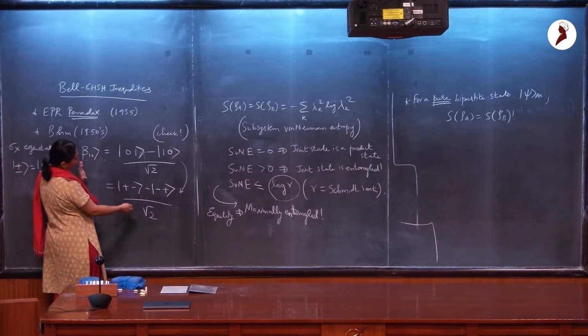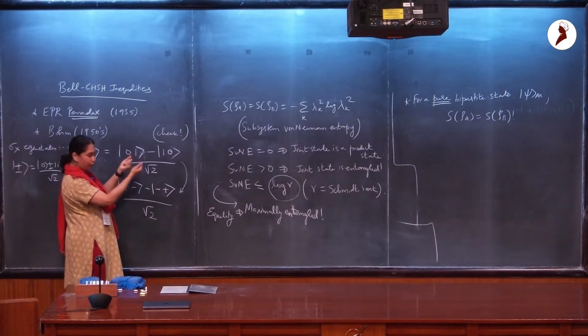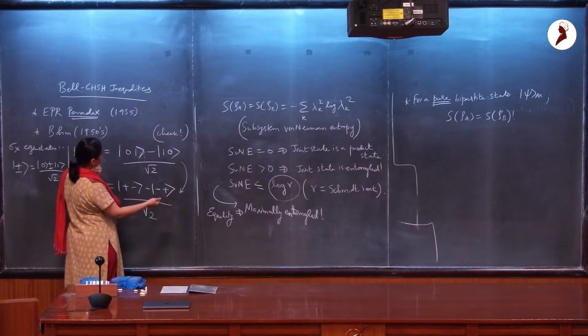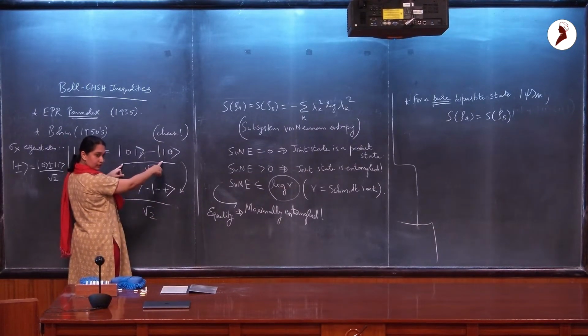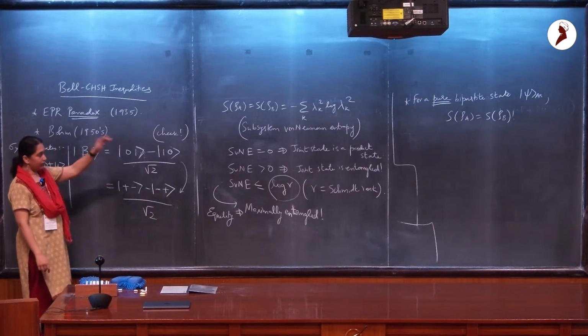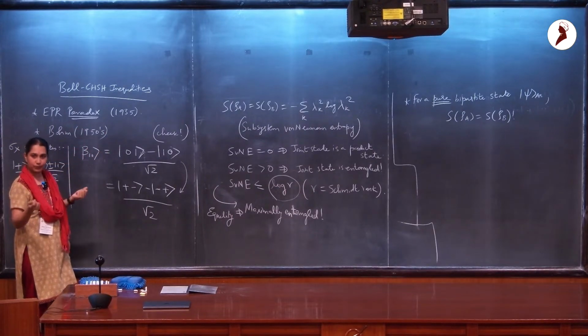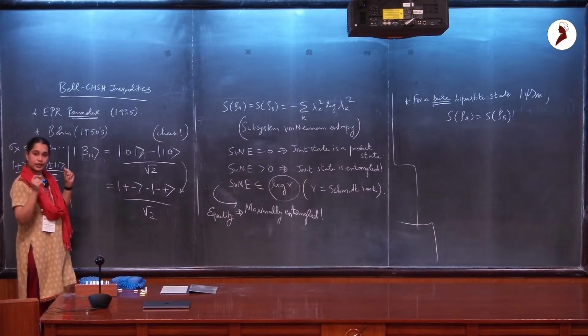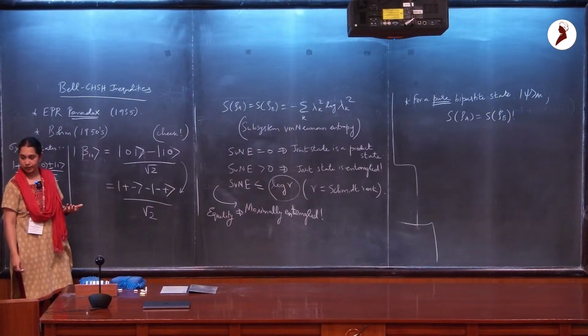So now the point was that you have this, let's say, pair of electrons, photons, whatever, and you're making these measurements first in the Z basis. Okay, see now there's another aspect that is brought in here. So far we were just looking at an entangled state and we were saying, okay, there exist correlations if you make measurements of a particular observable. Now I'm saying you're not making measurement of a single observable, you're making measurements of two different observables.